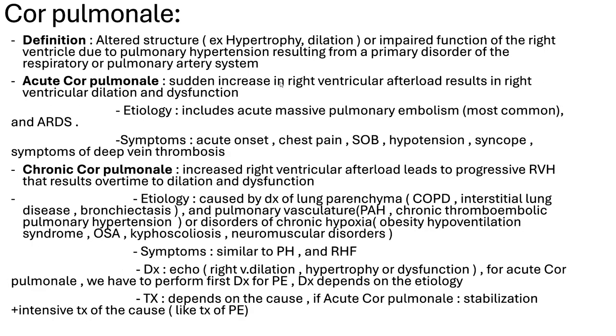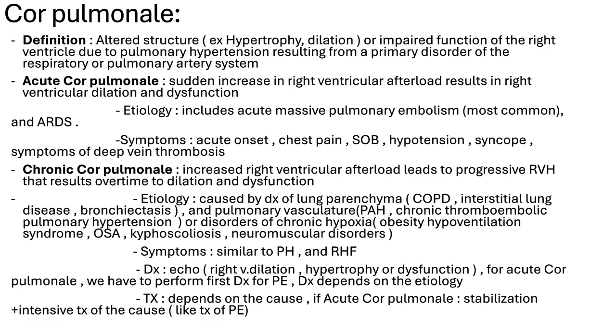Now, cor pulmonale. Cor pulmonale is an altered structure, either hypertrophy or dilation, or impaired function of the right ventricle due to pulmonary hypertension, resulting from a primary disorder of the respiratory or pulmonary artery system. This can be either acute or chronic.